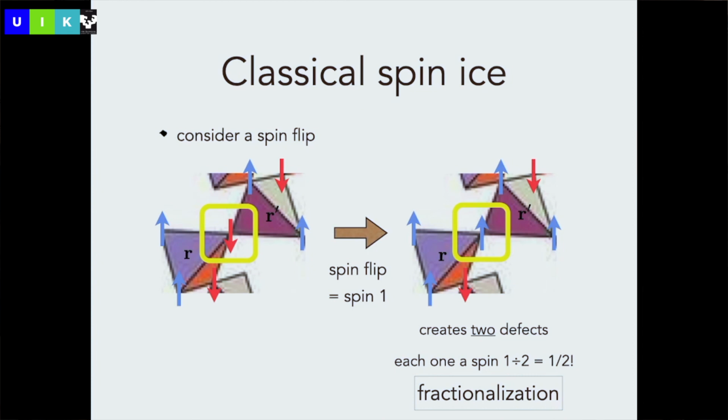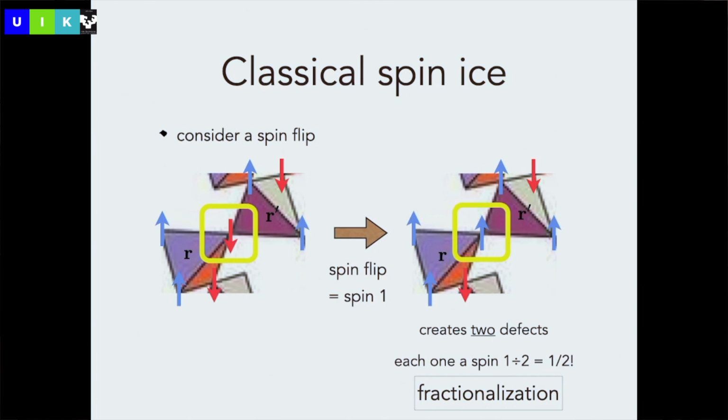And so because it has created 2 defects, I can think of each one of the tetrahedra as a spin 1/2, because a spin flip is a spin 1. And so if I think about these individual tetrahedra, and if I were able to separate them to an infinite distance, then they would each carry spin 1/2.